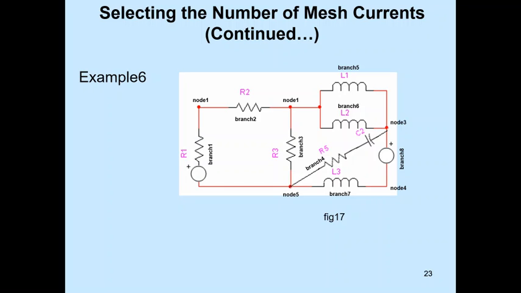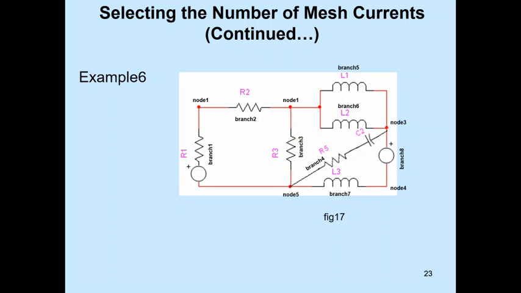Branch 1 is R1, and branch 2 is R2, and branch 1 and branch 2 are connected at node 1, and branch 2, branch 3, branch 5 and branch 6 are connected at node 2, and branch 5 and branch 4 are connected at node 3, branch 8 and branch 7 are connected at node 4.